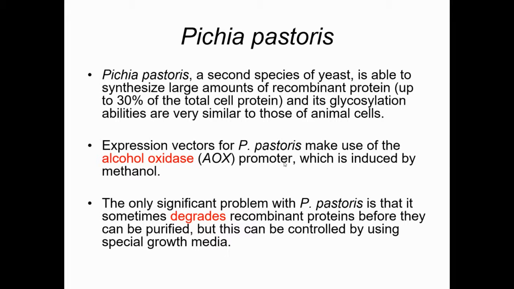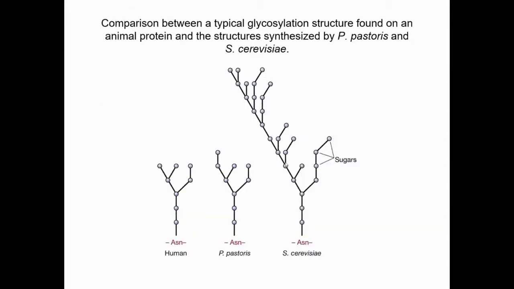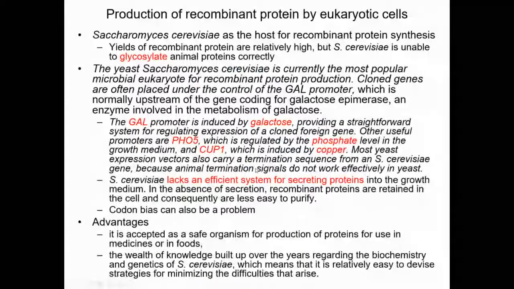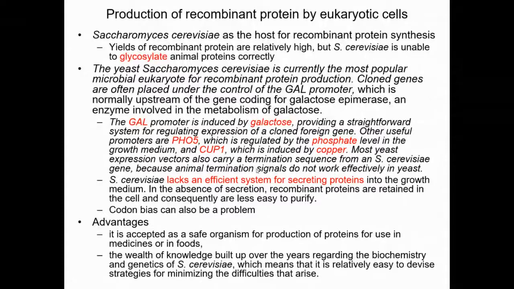The only significant problem with P. pastoris is that it sometimes degrades the recombinant protein before it can be purified. So P. pastoris can glycosylate the protein similar to the animal cells.